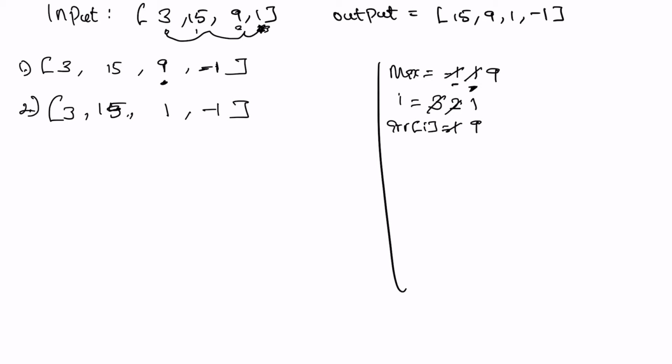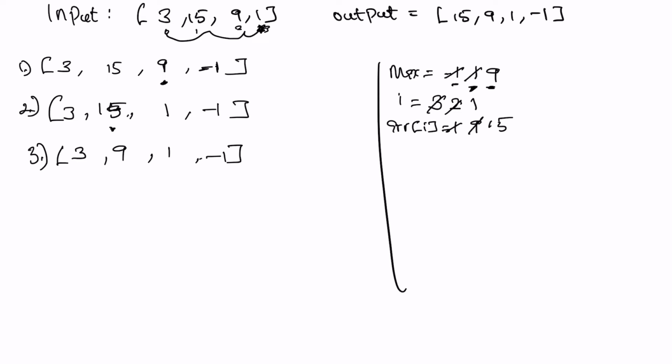Now we are at index 1. The value at index 1 is 15. So we update index 1 with the current max. So that would be negative 1, 1, and the current max that we are at is 9, and we retain 3.